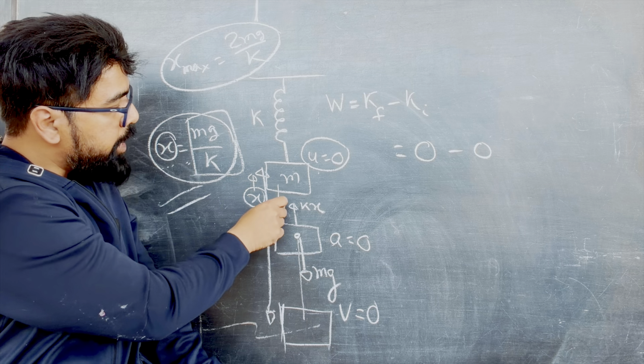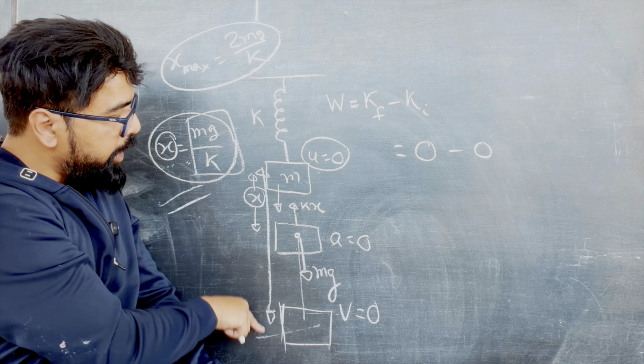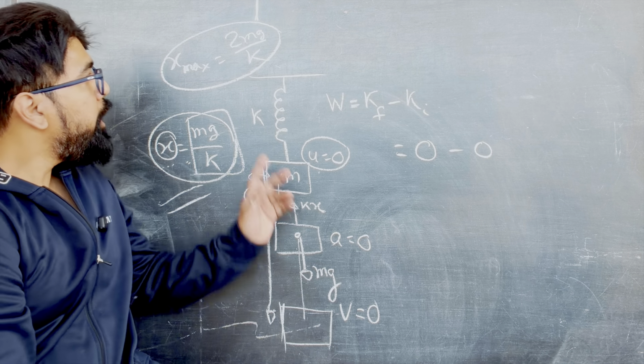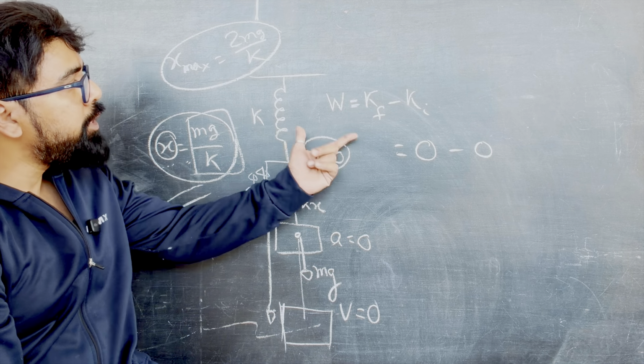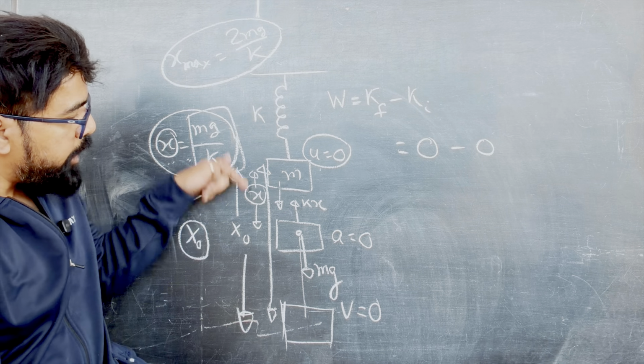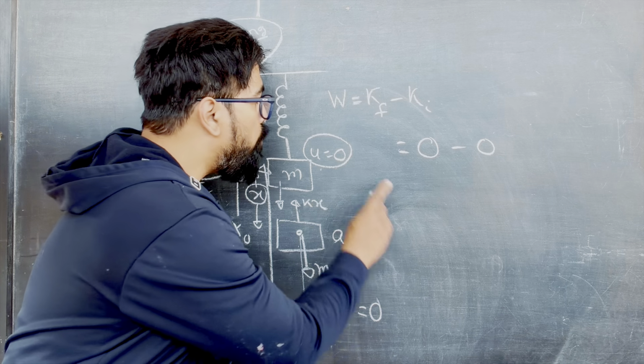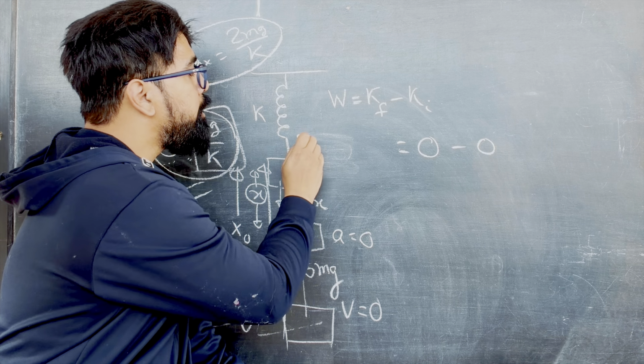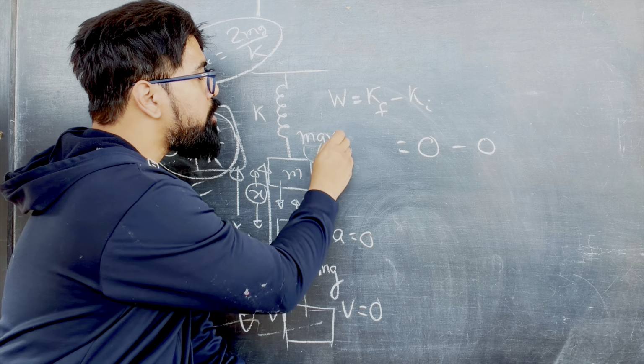Now the work done. Gravity is acting downward, and the spring is getting elongated downward. Let me assume the maximum elongation is x naught and solve for it. What is the work done by gravity? mg is downward and x naught is also downward, so the work done is mg x naught.